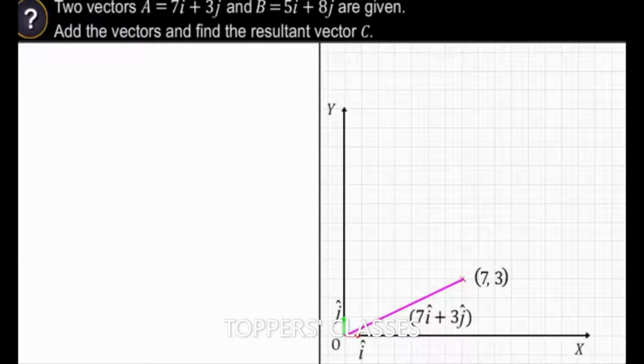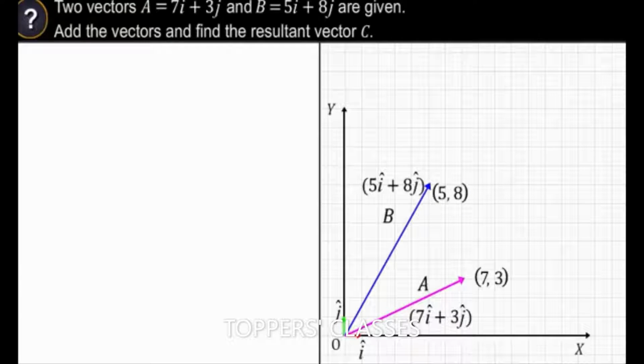This line with the arrowhead represents vector A. Similarly, represent vector B by joining the origin O to point 5, 8. Complete the parallelogram by drawing parallel lines from the arrowheads. Draw the diagonal passing through O. Display an arrowhead at the end of this diagonal.